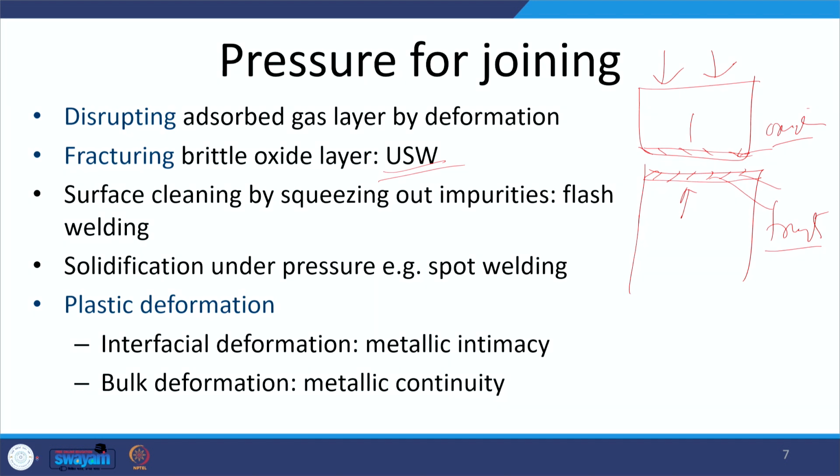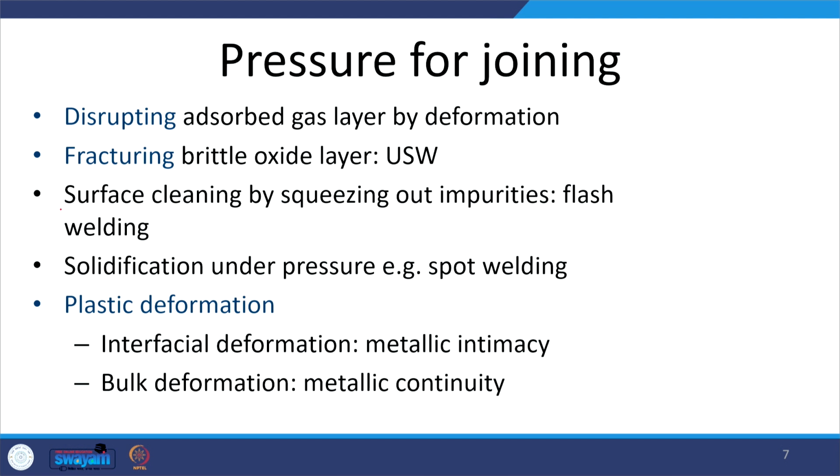Okay. As I said, the application of the pressure helps in surface cleaning by squeezing out the impurities. Like say in flash welding, you see one end is fixed, another end is movable. So, the flow of heavy current across the interface causes lot of flashes. These are tiny unstable arcs.